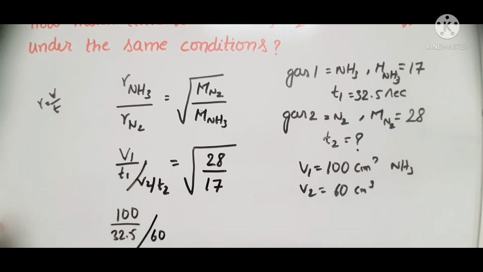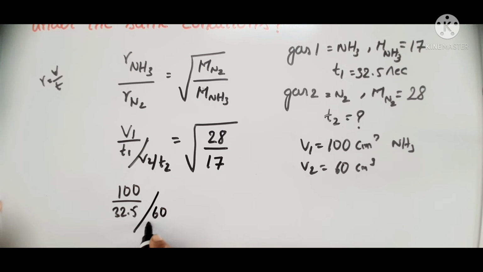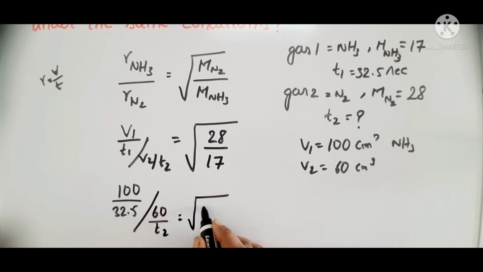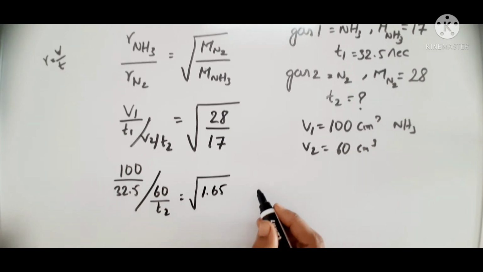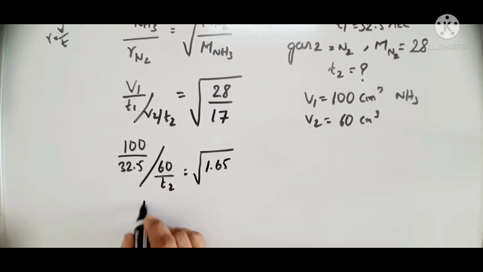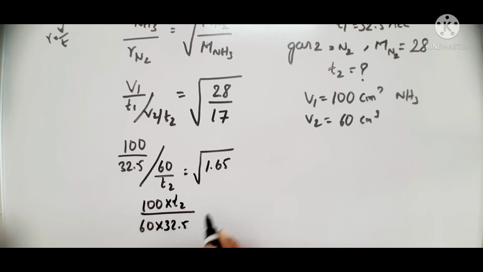You have to find T2. So 28 by 17 will be 1.65. When you solve this, 100 into T2 divided by 60 into 32.5 equals square root of 1.65. What is the value when I check in the calculator?